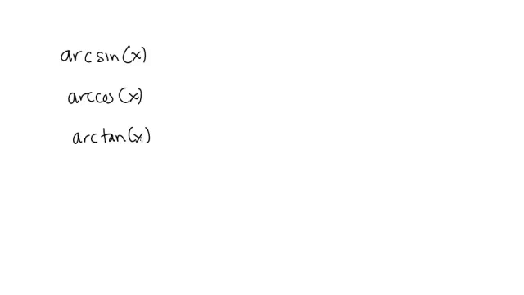Now it's worth pointing out that I'm going to use the notation arcsine of x, arccosine of x, and arctangent of x all of the time. But this isn't the only notation that's out there. A lot of times, the arcsine function is also denoted as sine inverse of x, with or without the parentheses.